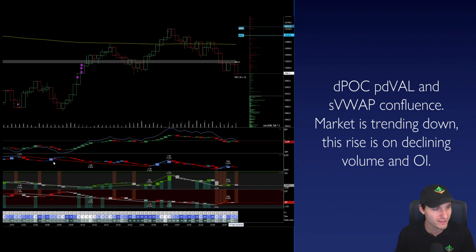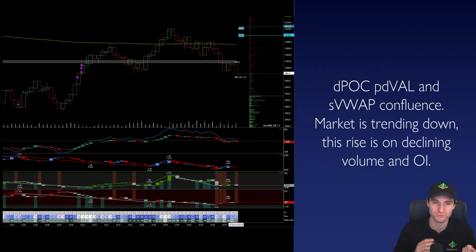And the main thing here is, as you can see, the open interest is heavily declining. So this move up, especially the first section, is combined with a decline in open interest. With the open interest declining and the move up in a trending downwards day, you see how this is giving really good confluence of, okay, let's short this bounce.